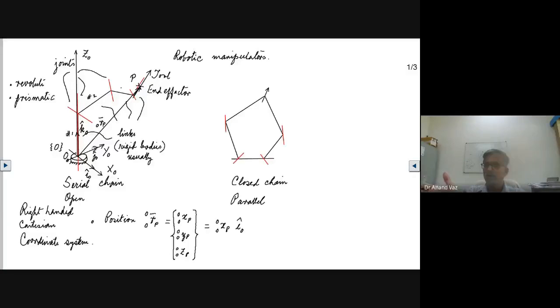So i to j will give you k. So we have made use of the right hand. You have already done this in your 12th standard, or maybe 11th or even 10th standard, the right-handed Cartesian coordinate system.